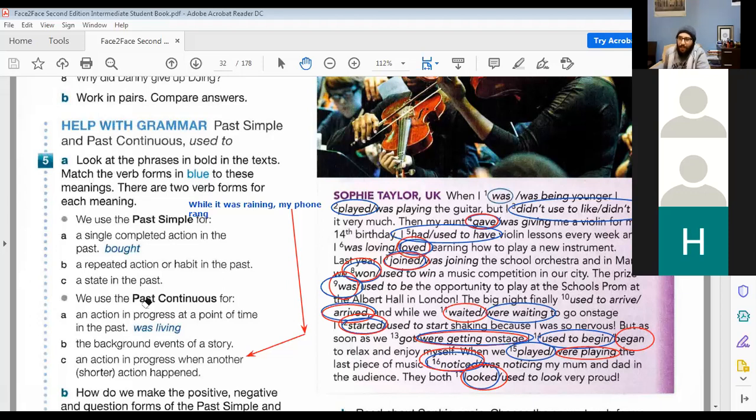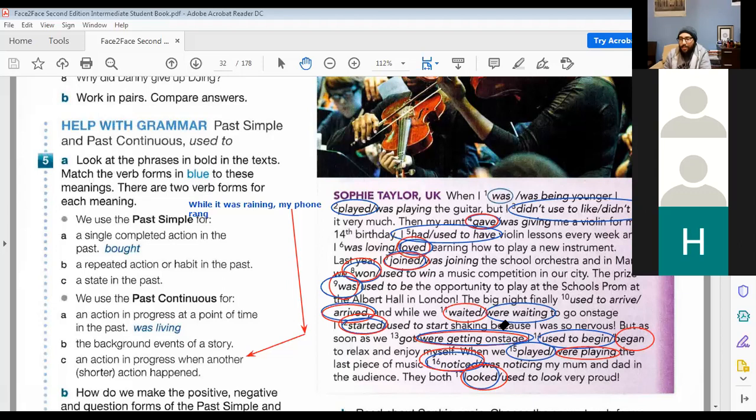Want doesn't work with ing, because it's like love and hate. I confused wait and want. Yes, because want is a state verb. You either want something or you don't, but you can't say wanting. But waiting can work with ing, because it's a long thing.